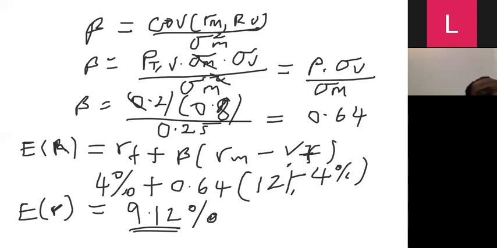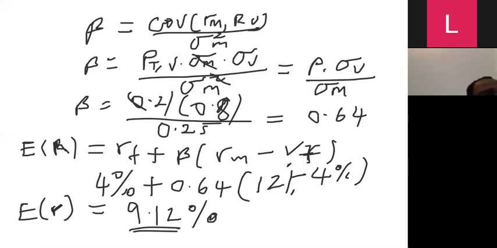By adding venture capital to it, you are now going to have an expected return of 9.12%. So as a rational investor, you would prefer going for only Tanglewood that gives you 12% rather than investing in the portfolio that will give you 9.12%.